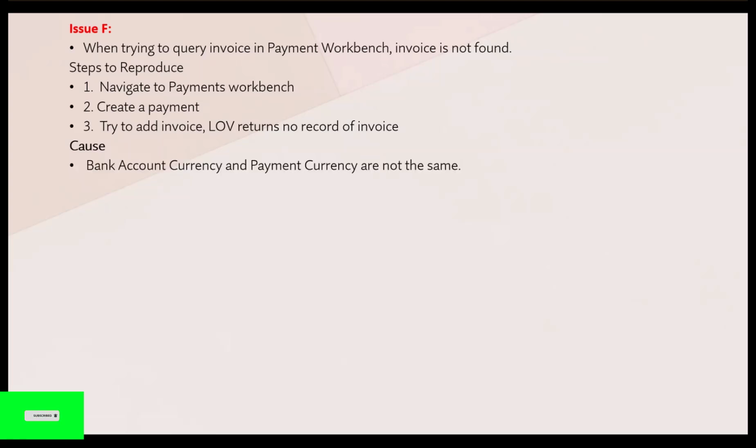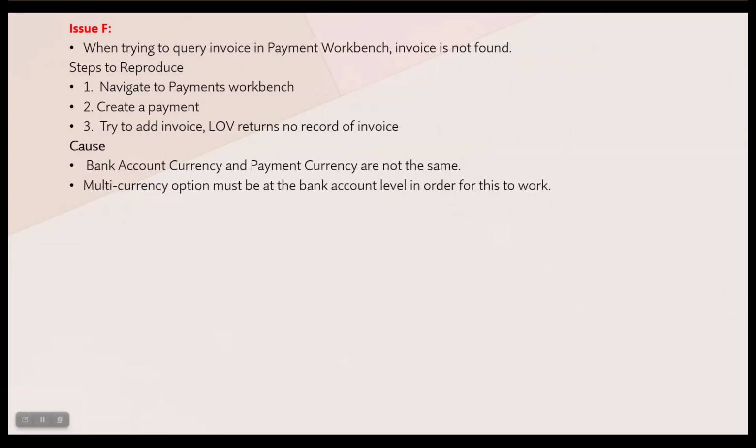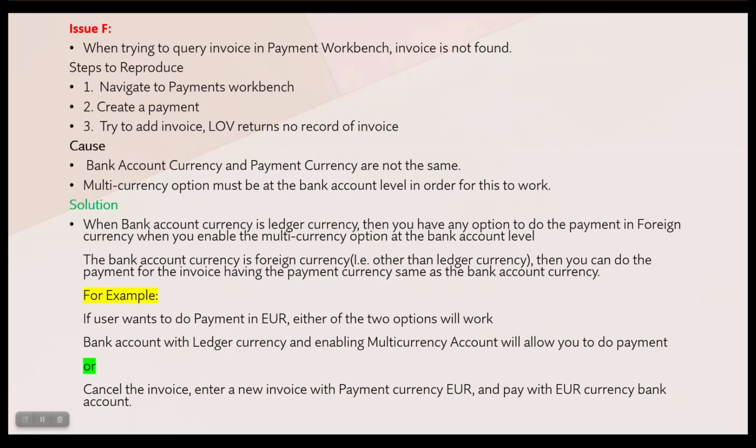You know what else? The bank account currency and the payment currency are not the same. The multi-currency option must be enabled at the bank account level in order for this to work. So when the payment bank account currency is the ledger currency, then you have an option to do payment in foreign currency when you enable the multi-currency option at the bank account level.